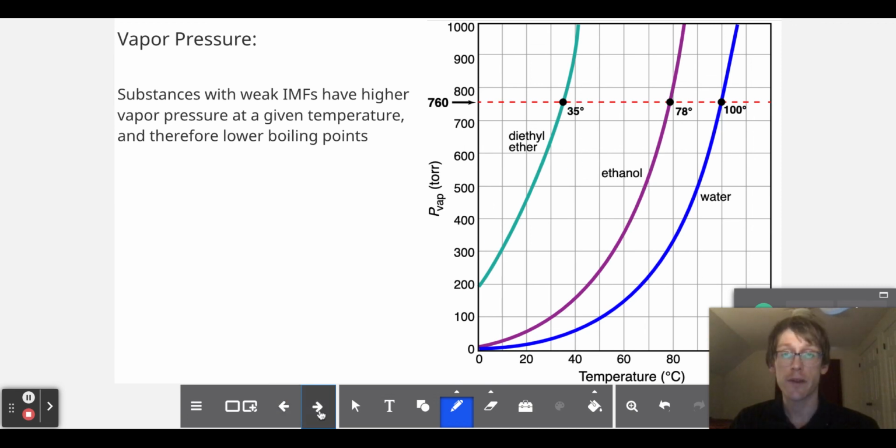And so that's a difference there. So always, when considering different molecules' polarities, you can make predictions as to their vapor pressure and their boiling points. The weaker the IMFs, the higher the vapor pressure and the lower the boiling point.